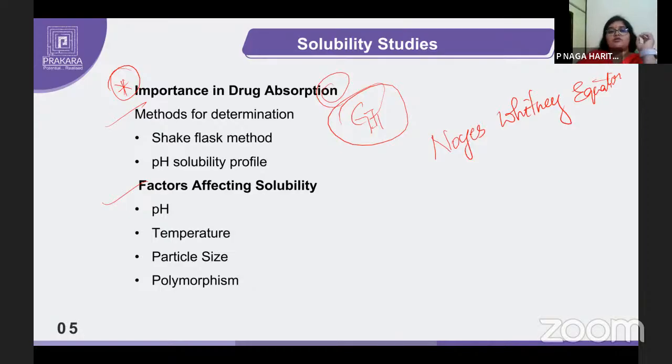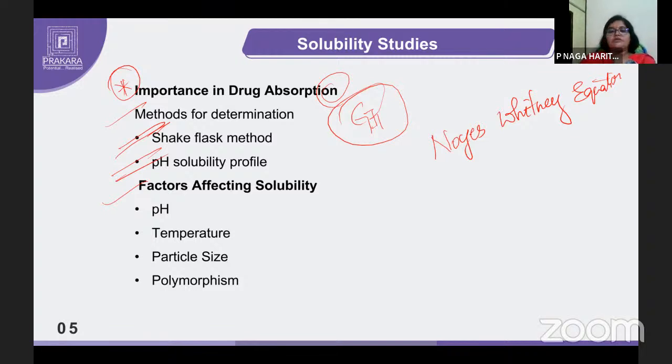With what methods can you determine this solubility? We have two methods: the shake flask method and the pH solubility profile. The shake flask method is a traditional method which involves shaking a known quantity of the drug in solvent until equilibrium is reached. Then the concentration of the dissolved drug is measured by suitable analytical methods.